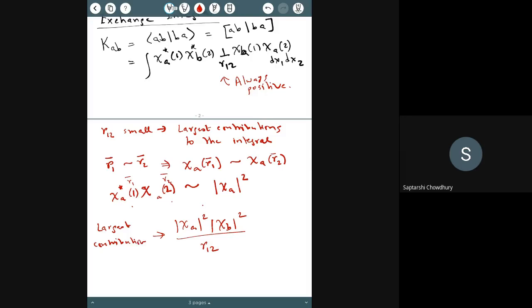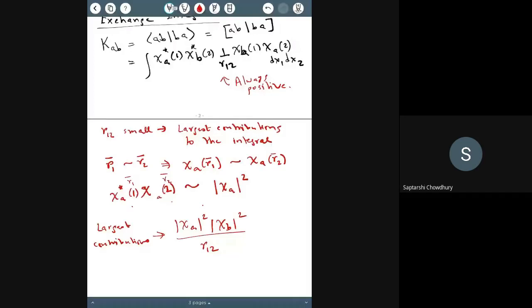Okay. And when R1 and R2 keep becoming more and more different, then of course the integral can be either positive or negative. And in that part, when it contributes to the integral, some of it will of course cancel because of positive and negative values. And even if they are, let's say, all negative, even that contribution is smaller than the large positive contribution.